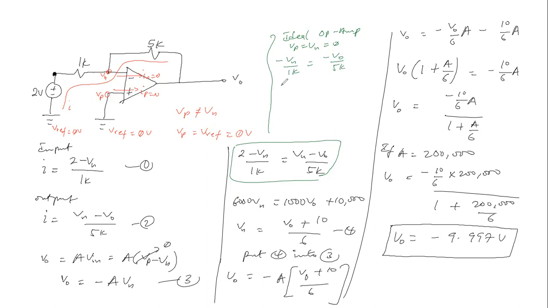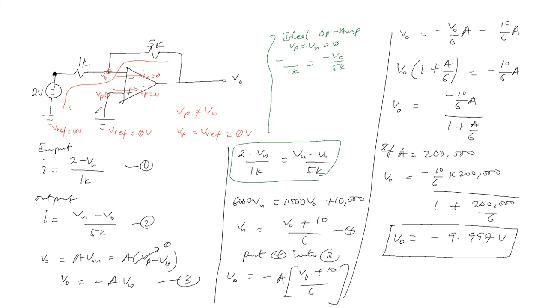In this case, this will be 2, because this is 0.